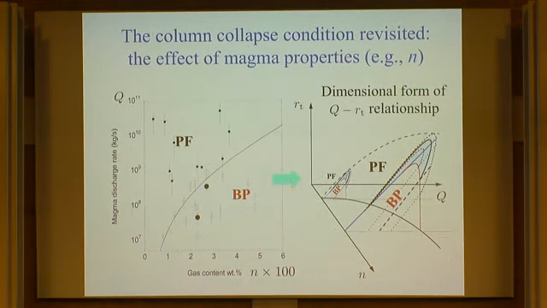So that is the previous column collapse condition, and it is based on the assumption of Mach 2.